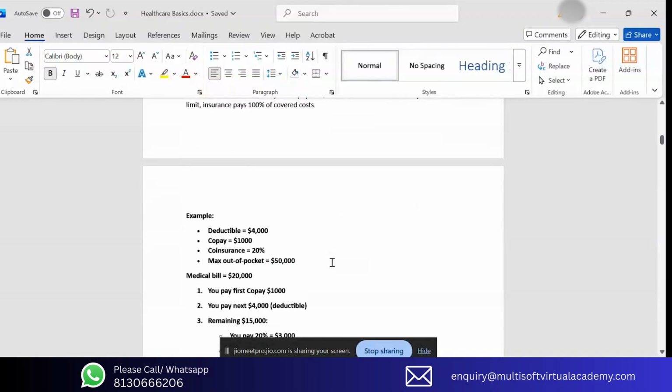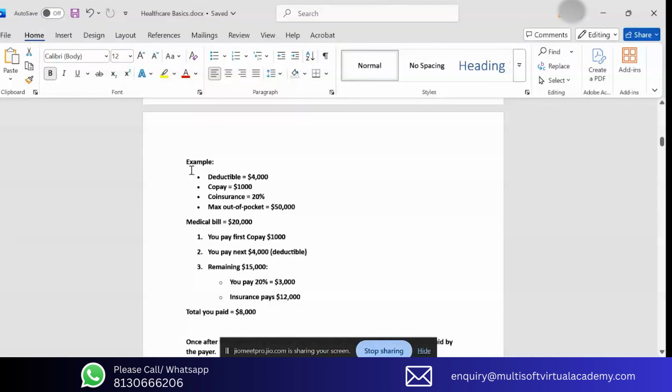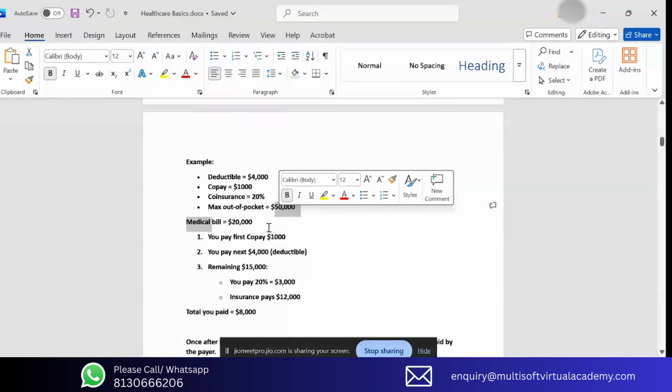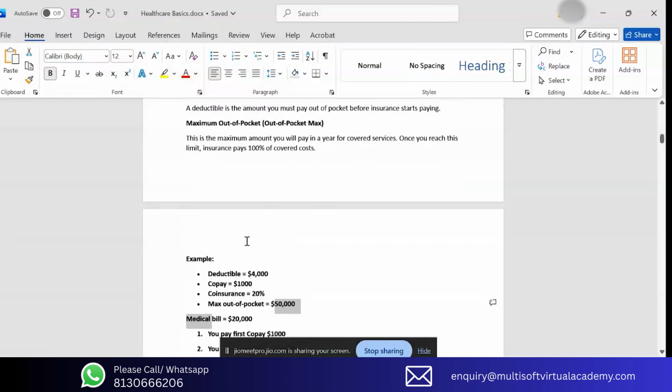So here's a quick example. Let's consider there is a service taken by you and the deductible is $4,000. Copay is $1,000, co-insurance is 20%, and the max out of pocket is fixed at $50,000, and your medical bill is $20,000.